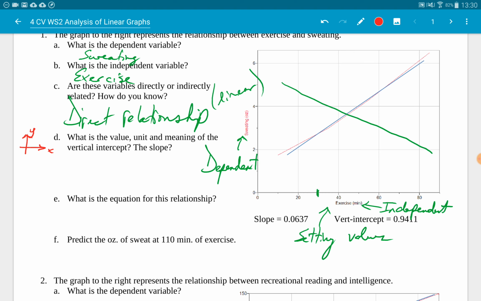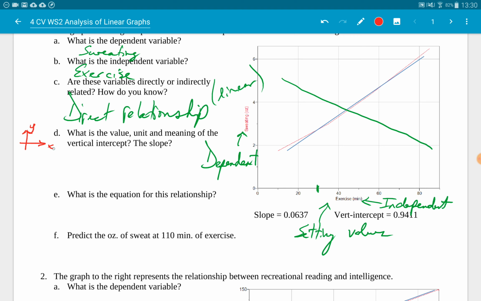Now, generally in math class, you don't have real variables and real meanings to the numbers. And so we kind of, you might say, make up this x and y. We just use two generic letters or variables for that. Great. Well, notice the y typically goes on the vertical axis, but doesn't have to.